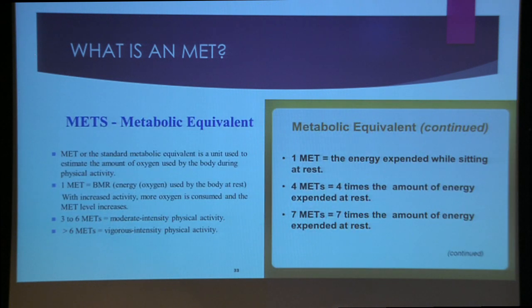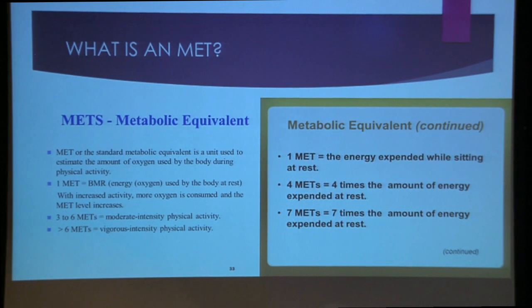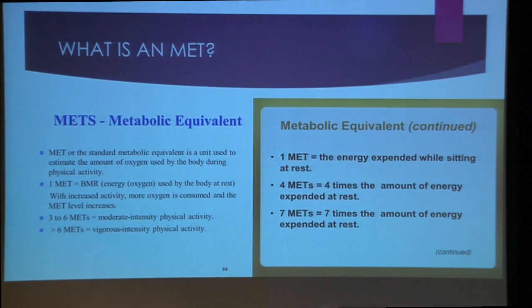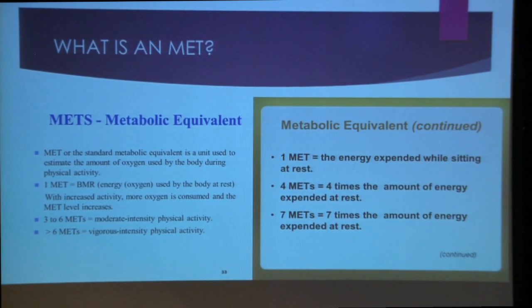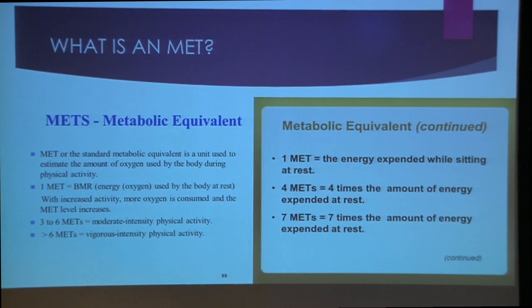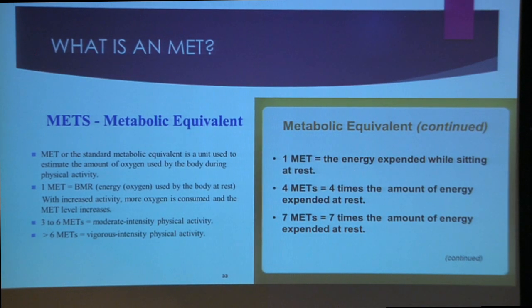And this slide just goes into a little bit more detail of what the MET is from more of a scientific basis instead of a conceptualized basis. So the MET is a unit used to estimate the amount of oxygen that the body is using during a given amount of time. As you can see on the right, one MET is the energy expended while being at rest.